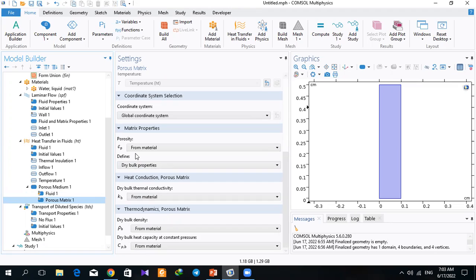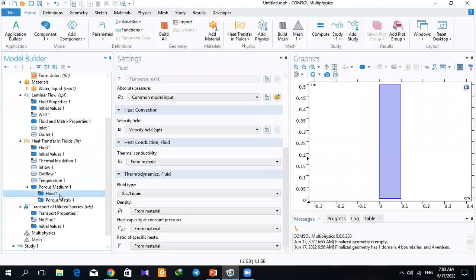Why do you need to define this? Since your properties are changing with porosity. You have a matrix that can be a catalyst, that can be a reactant, and it is solid. And its thermal properties are completely different from pure fluid. So defining this section helps you to calculate the average properties of your fluid and your solid.